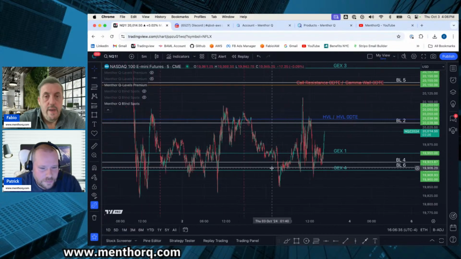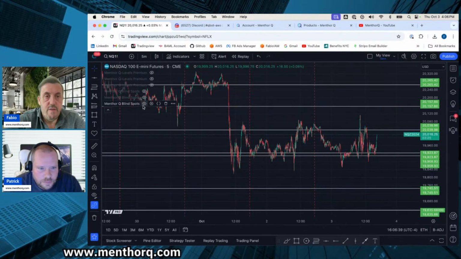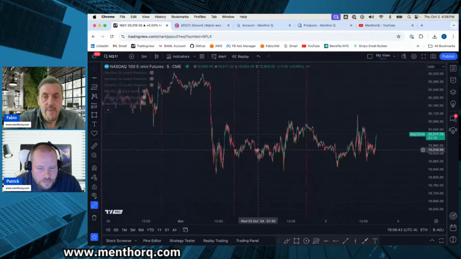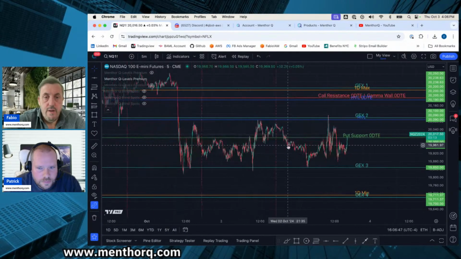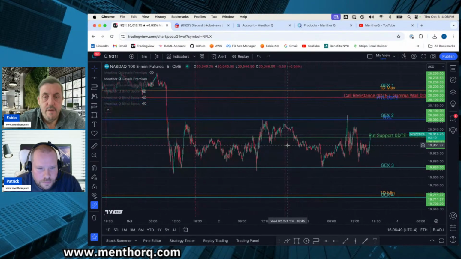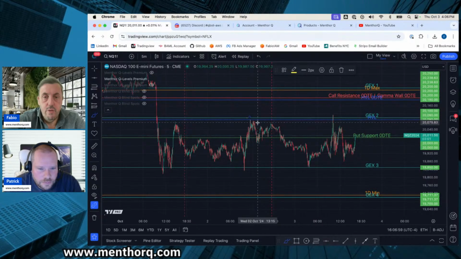Yeah, and then if we scroll back, let's take away these levels and go back one day. From yesterday, we can add our level here. So here we have our range. The IVO level is still in play also here. We see basically a strong reaction right here, but we also see a strong move towards the downside, and we see obviously a ranging around the put support.